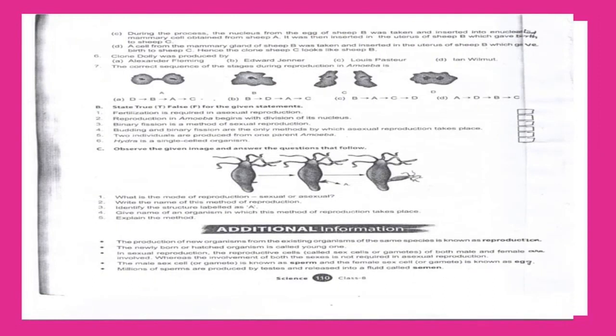Question 7, the correct sequence of stages during reproduction in amoeba. This is amoeba reproduction, binary fission. First, the B diagram is the full amoeba. Then second, the D diagram, the amoeba nucleus starts dividing and constriction starts appearing.